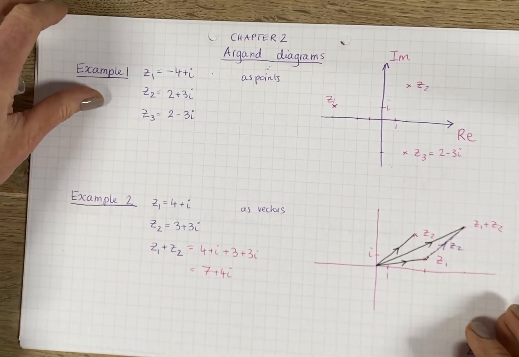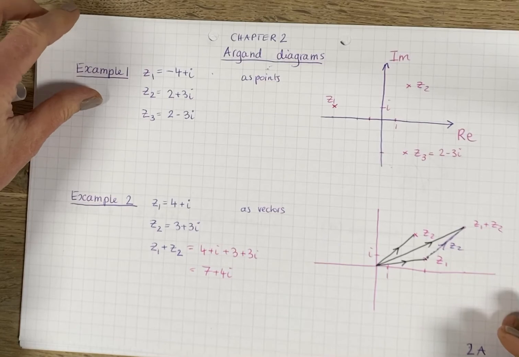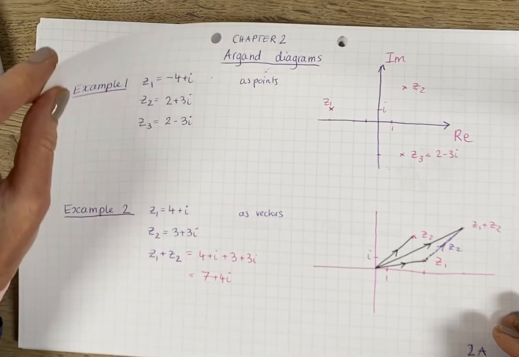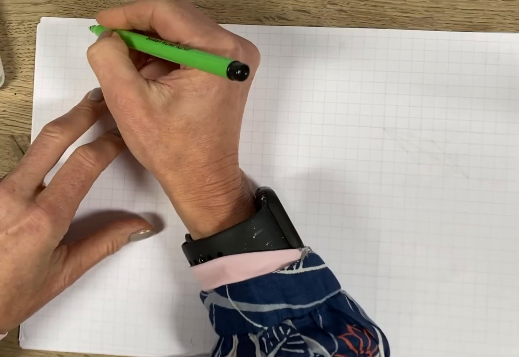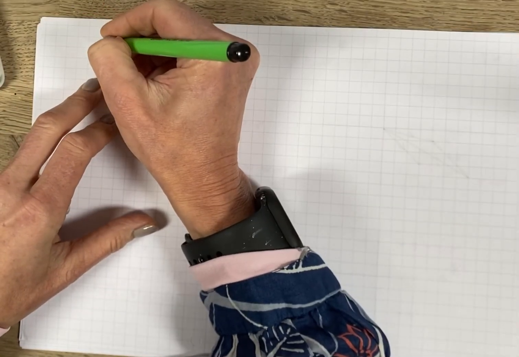Okay, so you've got exercise 2A. I think actually there's example 3. Let's do example 3 first, and then you can do exercise 2A.